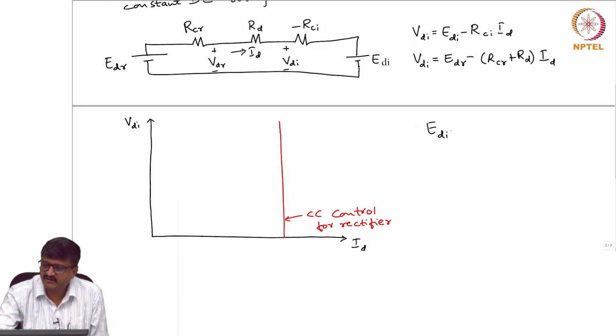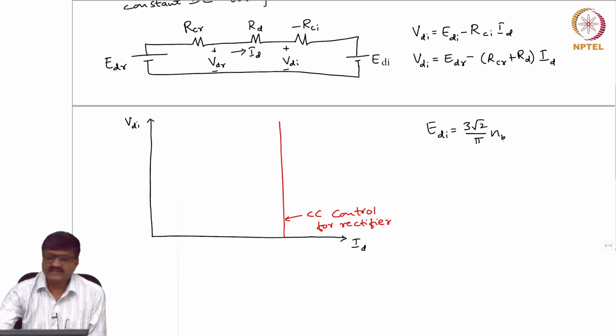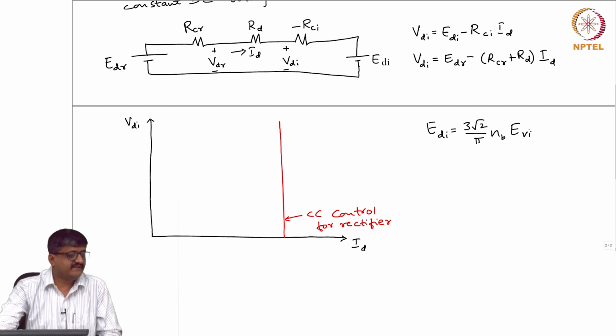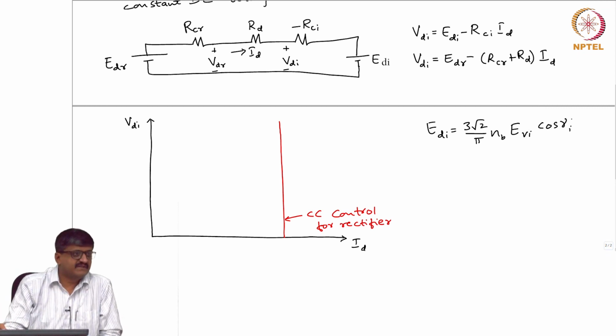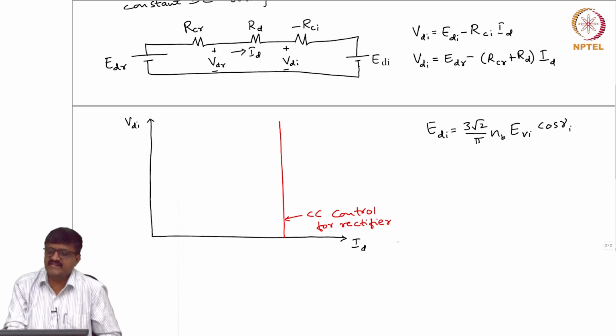If you recall, EDI is 3 root 2 by pi into NB, where NB is a constant, the number of bridges, into EVI, the RMS value of the bus voltage on the AC side of the inverter, into cos gamma I. If EVI is assumed to be constant, and by constant extinction angle gamma I is constant, then EDI is a constant.